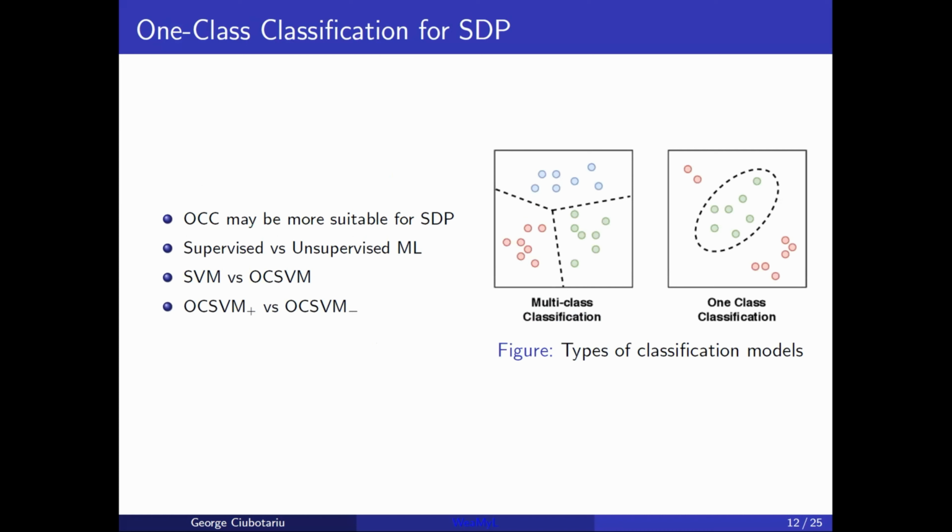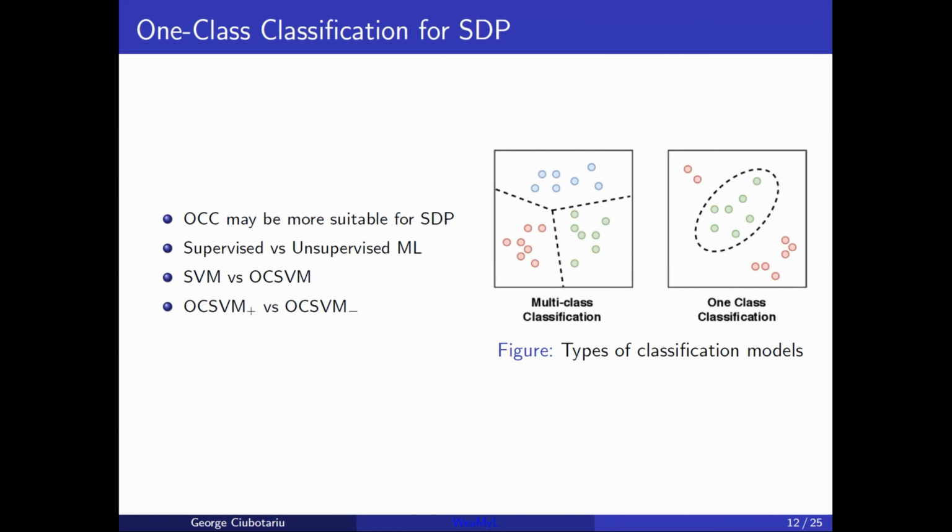So here we have two main types of classification. The one class classification is an unsupervised paradigm, and it's more appropriate for SDP because it can use only one type of class, say the majority, the non-defective class, without ever seeing data of defective software.